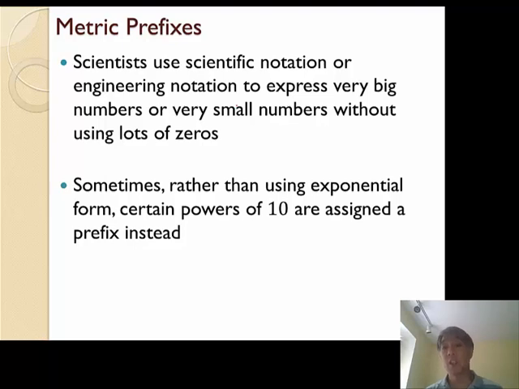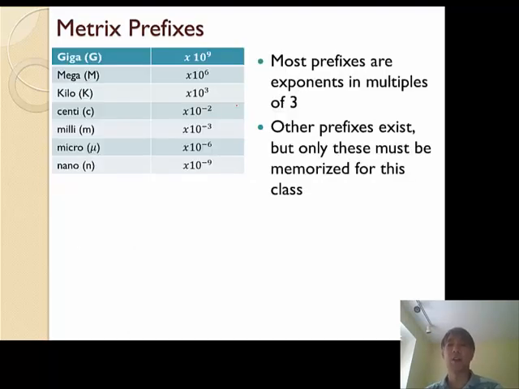The engineering notation only uses multiples of 3 for the exponent. So 10 to the third is kilo, 10 to the sixth is mega. And that's illustrated here. These are the metric prefixes that I want you to memorize. I really want you to have these memorized for the year.